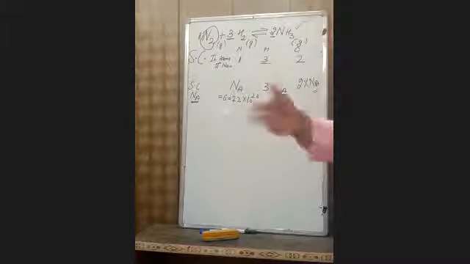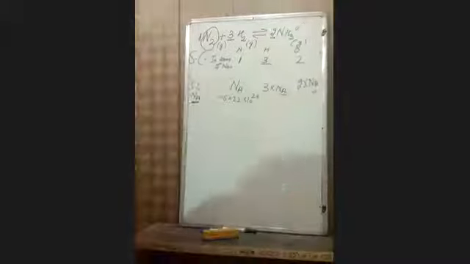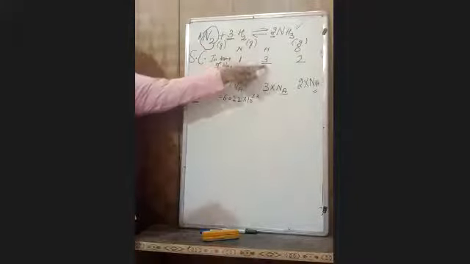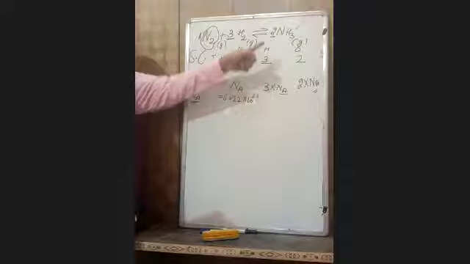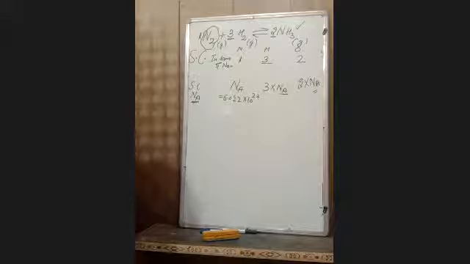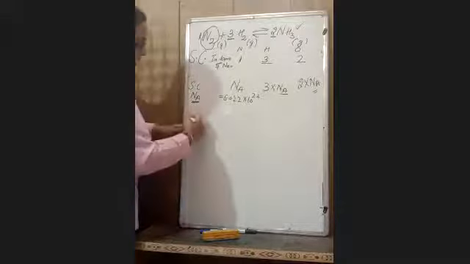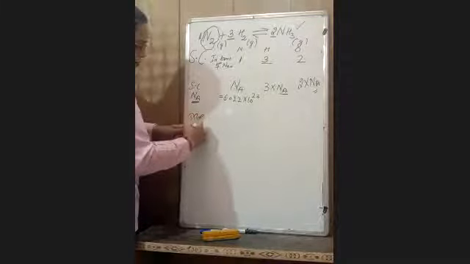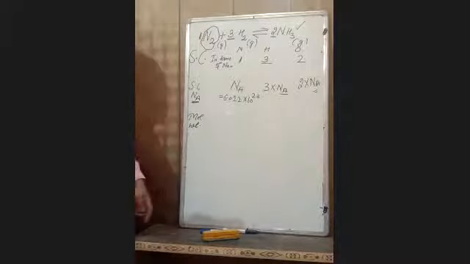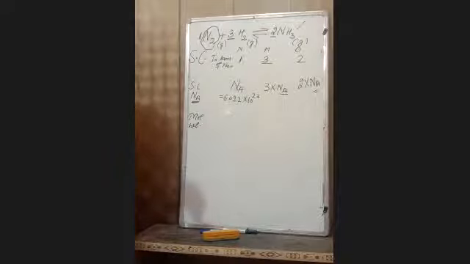Fine. Now, if I ask in terms of mole, it is 1 mole combines with 3 moles of hydrogen to form 2 moles of ammonia. Now, if I ask to write in terms of molecular weight, in terms of gram atomic mass or molar mass. You know, 1 mole of any substance is equivalent to its molar mass in grams.